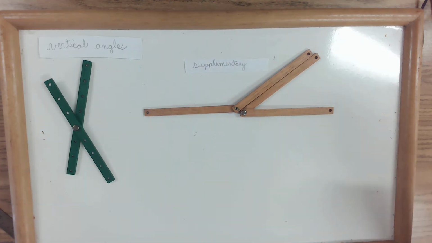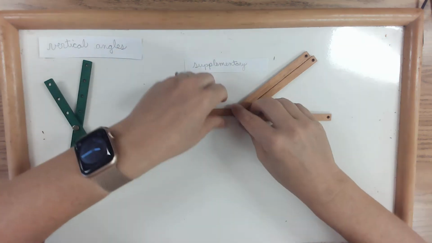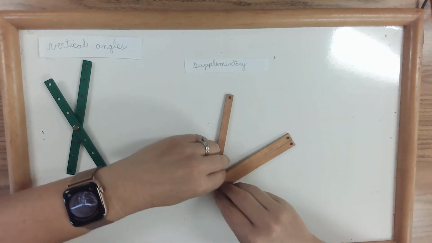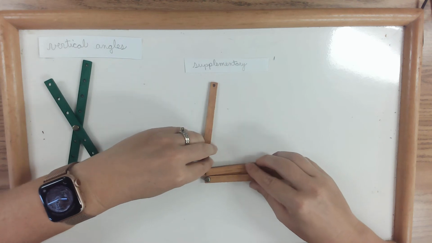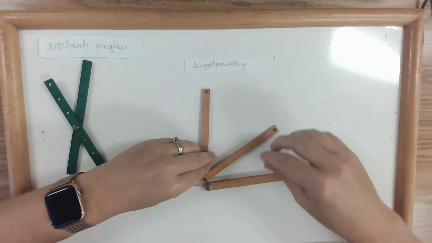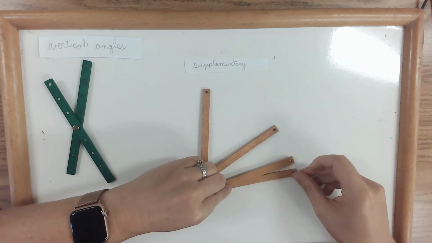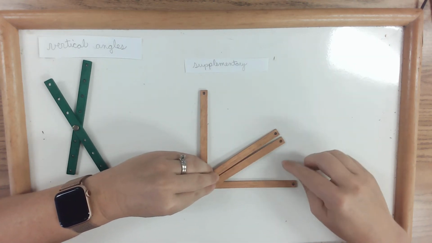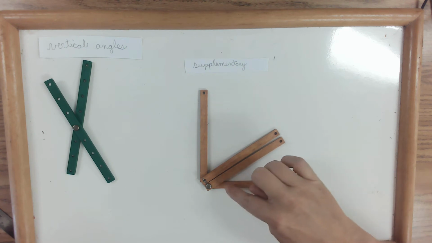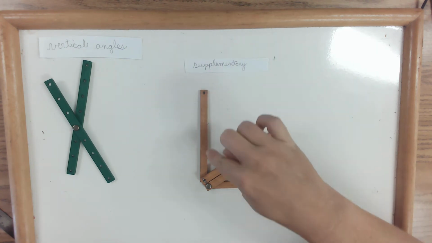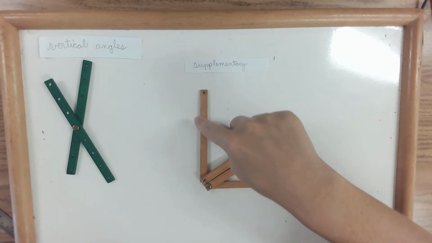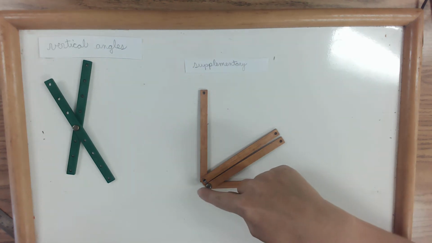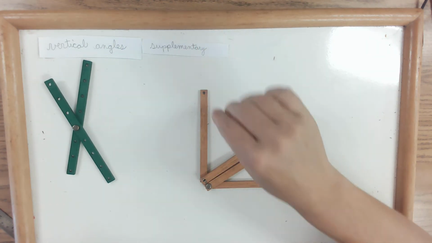The third type that we have is when two angles together make a 90-degree angle. So we remember that a 90-degree angle is a right angle. So if I have this angle and this angle, together we can see that they equal a right angle, 90 degrees.